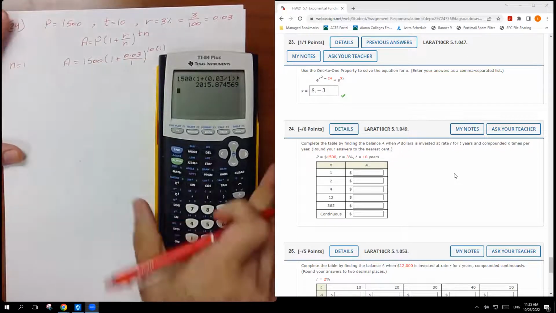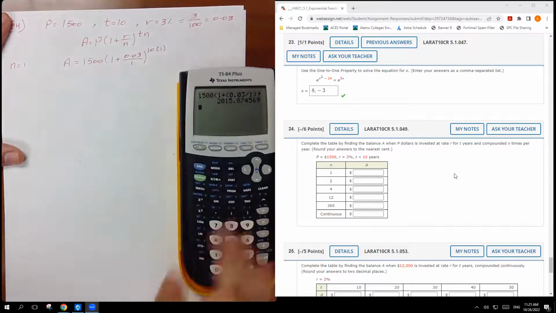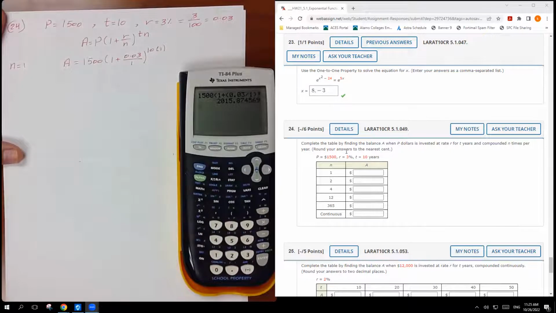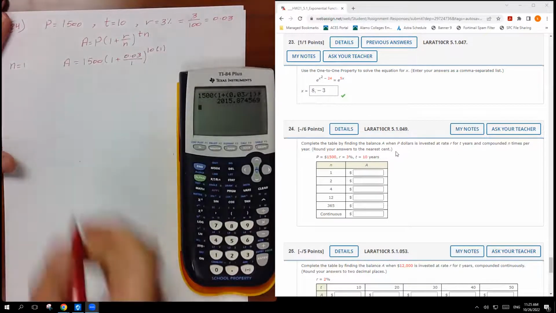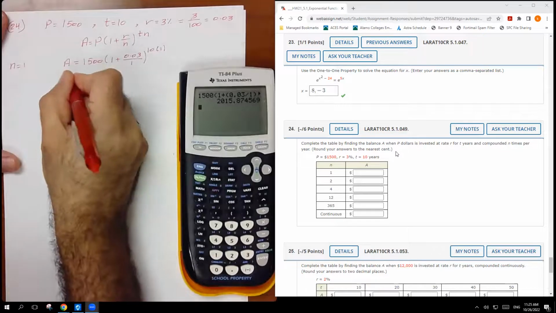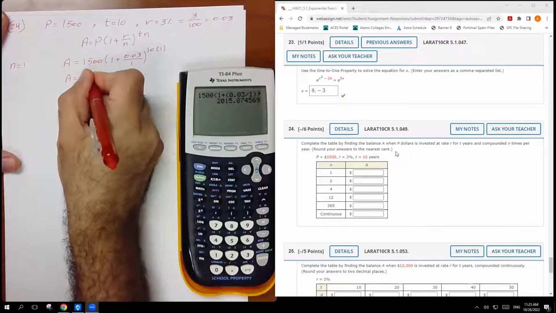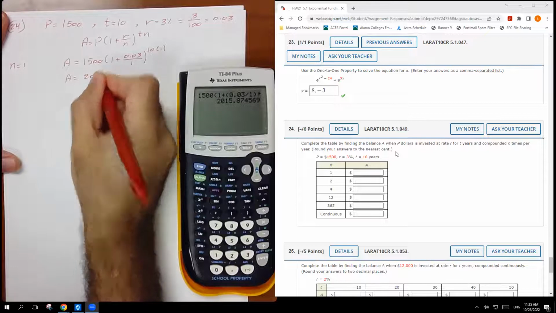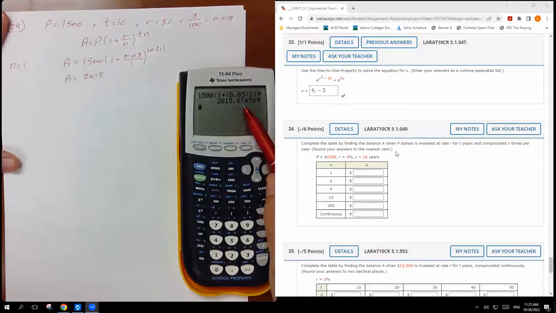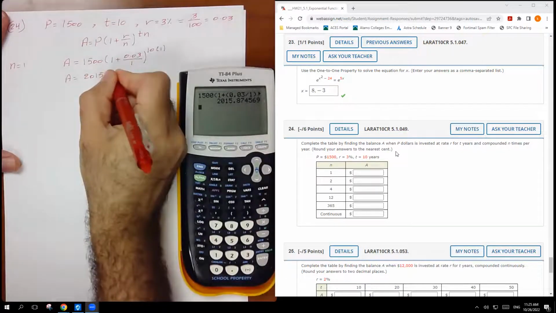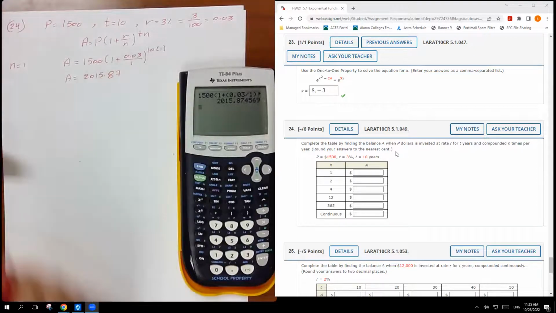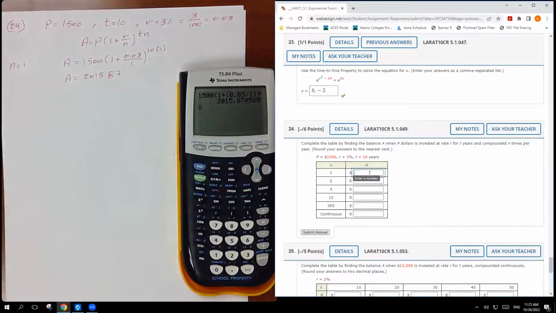We're going to round your answer to the nearest cent. So A is going to be 2015.87. This is the first value. We're going to put it here.